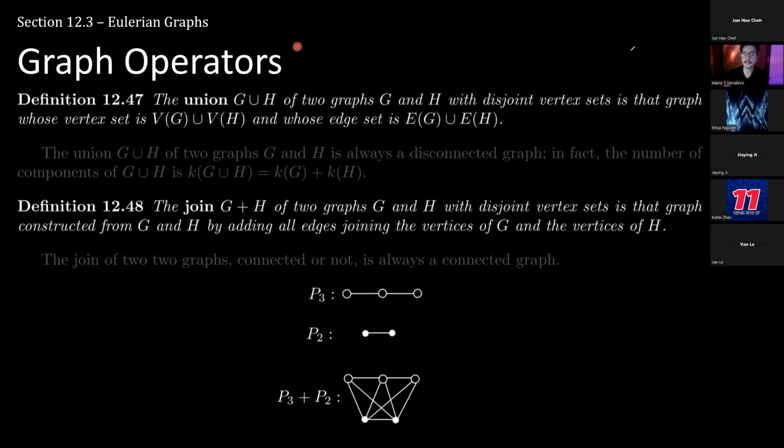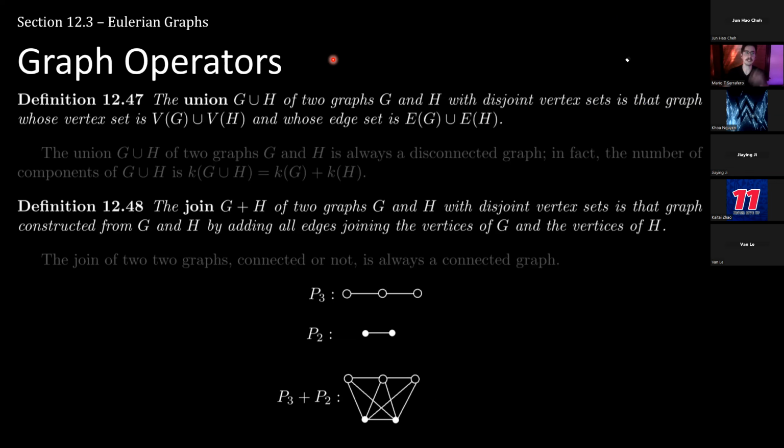This makes sense because if this is G and this is H, then in order for the vertex sets to be disjoint, the vertices in G cannot appear in H. So when you put them together into one single thing, there cannot possibly be an edge from one to the other, because the edges of this one are disjoint from the edges of the other in the respective graphs.